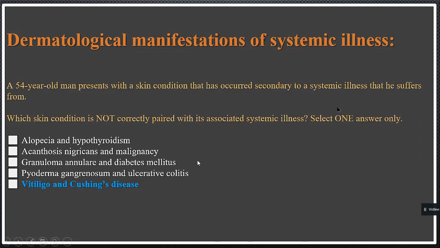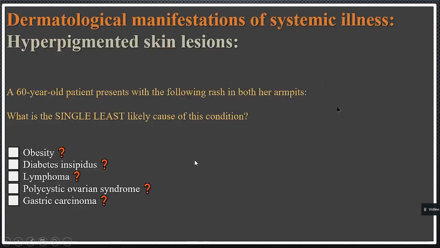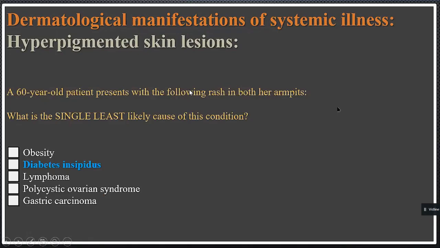Stress. What is the single least likely cause of this condition? B. Diabetes insipidus, the second one. So here I can choose acanthosis nigricans. Yeah, so diabetes insipidus.